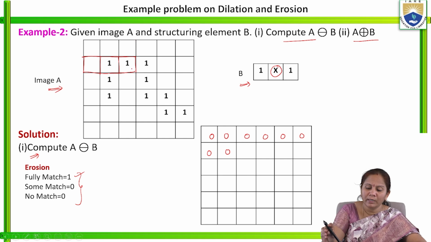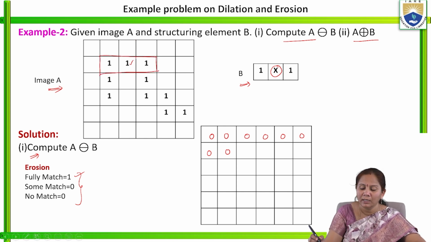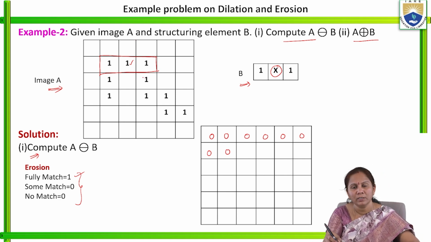So in order to find the next element, if you place the structuring element here, making this the center pixel, it is 1, don't care, 1. These two ones are matched, and that don't care may be 1, so it comes under fully matched.